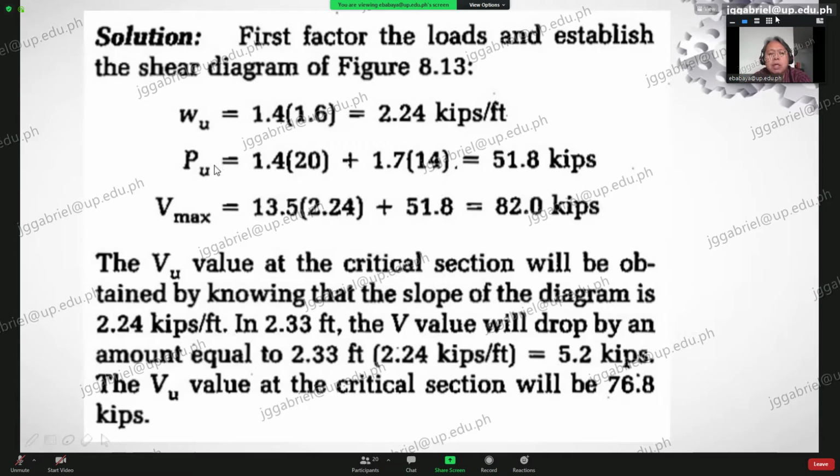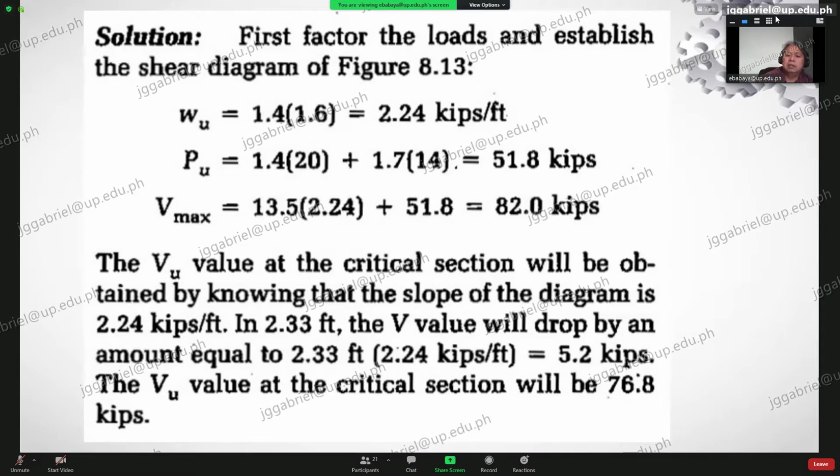So that concentrated load will be 51.8 kips. No? So again, if you see this subscript U, that means it's already factored. Okay? Yun na yung compare natin dun sa computed capacity.